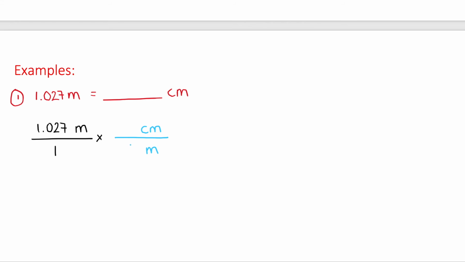I know that 1 meter is equal to 100 centimeters. And once I have done that, then what can I see here? I'm going to cancel the units. I'm going to cancel this meter with this meter. And my answer is going to finish to be in centimeters. So I'm going to do 1.27 times 100.